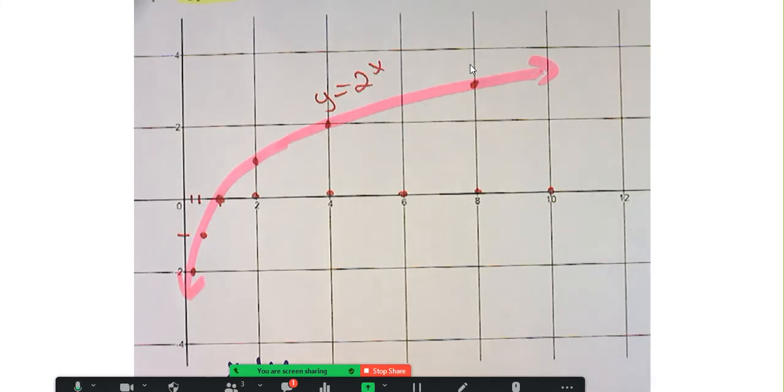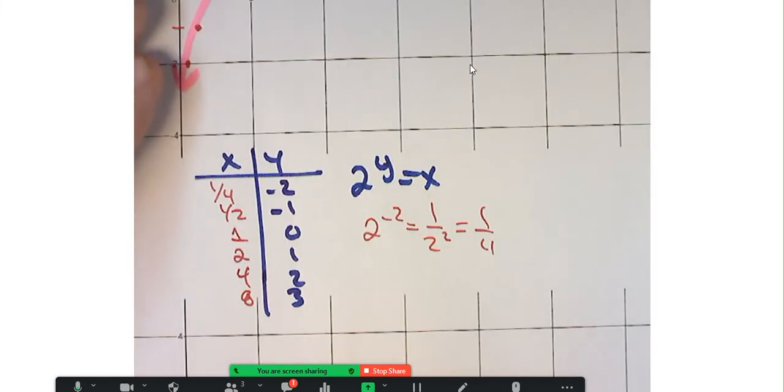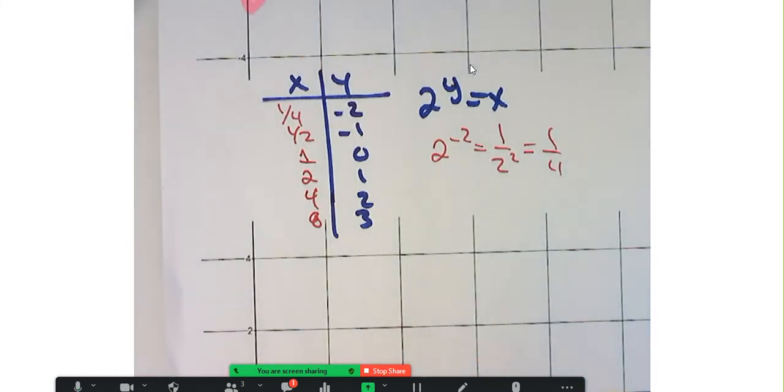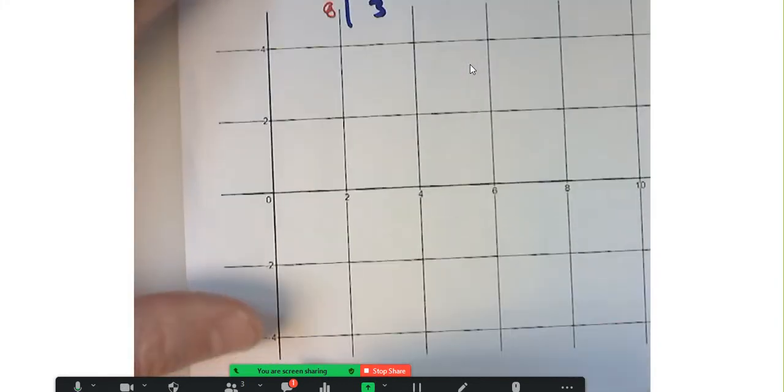You can either use 2 or 4, 4 or 3, doesn't matter to me. So the next one I want to graph, we'll do 4. We'll do the graph of y equals log base 4 of x.